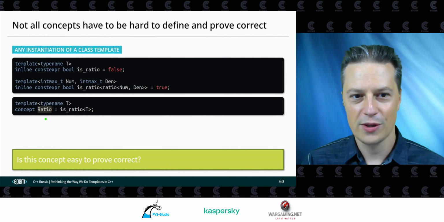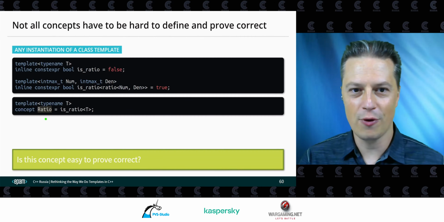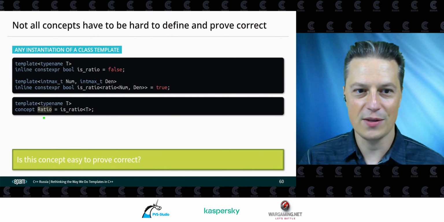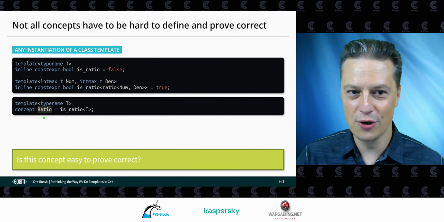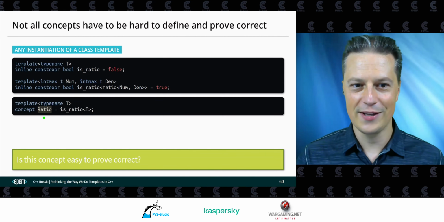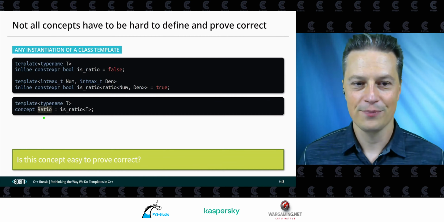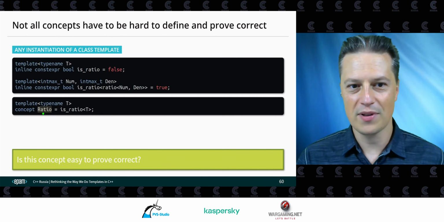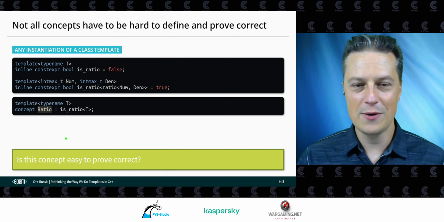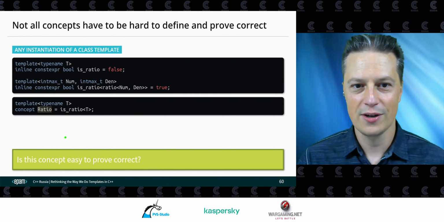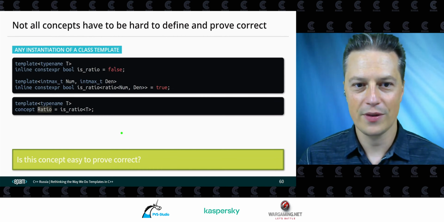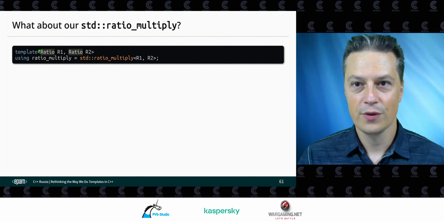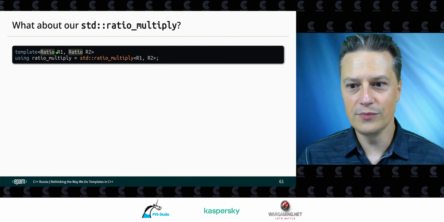Of course, defining a concept for something like a forward range or whatever is hard, and if you do it wrong, it will kick you in your butt later on, and we cannot change the standard after this concept is defined. But some concepts like those for family of instantiations or similar are really simple to define, and we should do it.